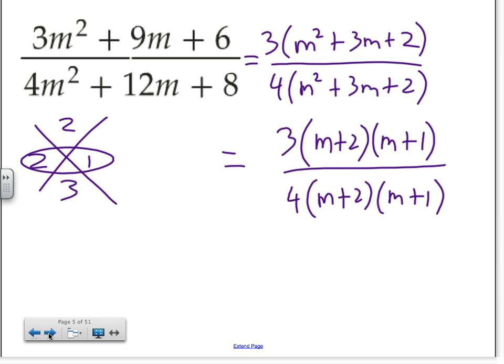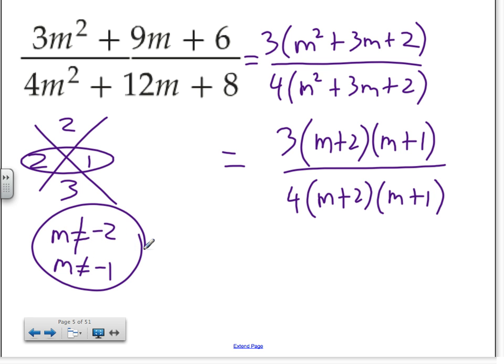Can you tell me what are your excluded values? m cannot be -2 and m cannot be -1. You can just go and write it like that on the side. What it cannot be. m cannot be -2, m cannot be -1, because if I do have such a case, the bottom will turn to 0 and I won't have any answer. Therefore, I want to avoid it as much as I can. Okay?